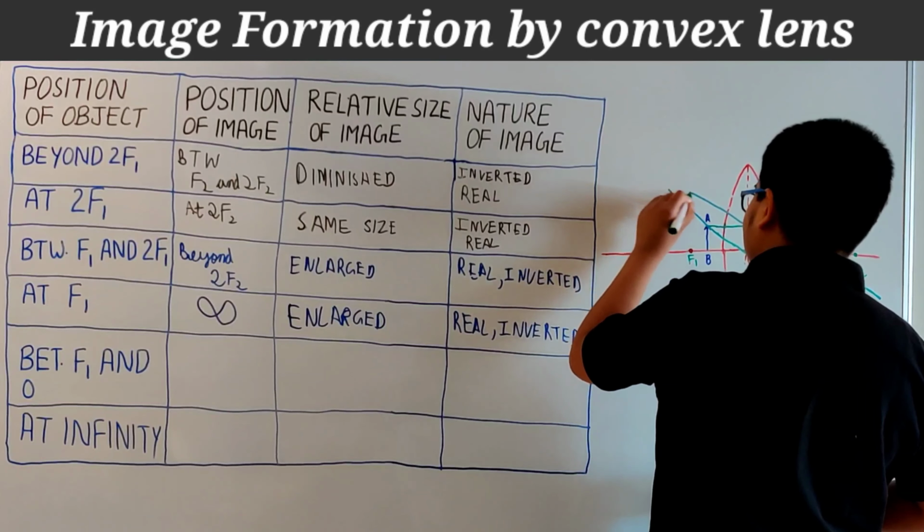Also, the image is very small in size, point sized. And also the image is real as the rays are actually meeting, and you can see that real images are always inverted.